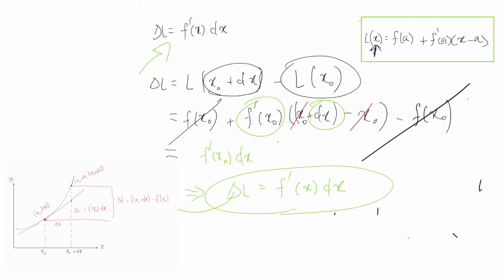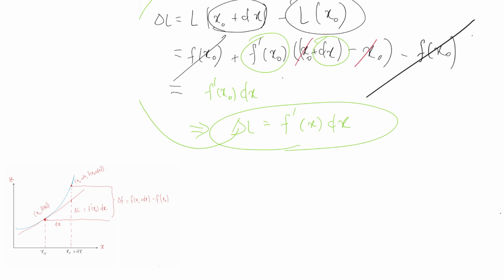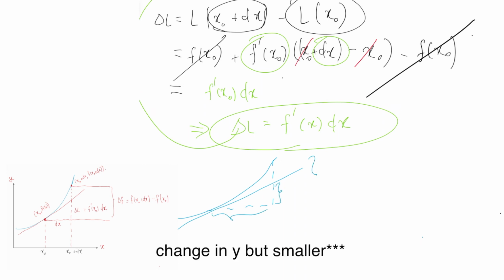And we've also found that the differential actually has a geometric representation, a geometric meaning. How? Well, if we look back to our curve, we see that the differentiable curve, okay, and its linear approximation is over here. The curve changes corresponding to a change in x, and the linear approximation changes corresponding to the same change in x, but smaller.